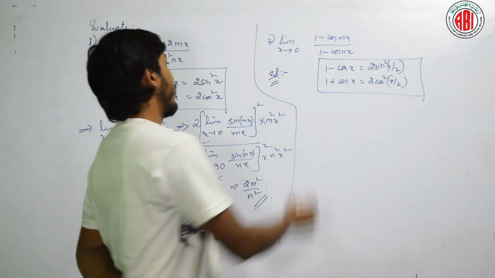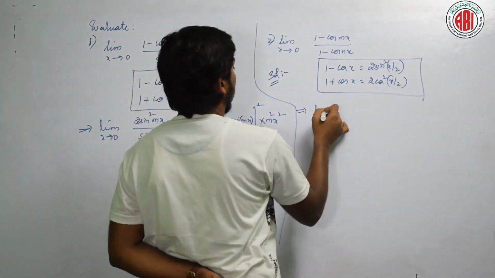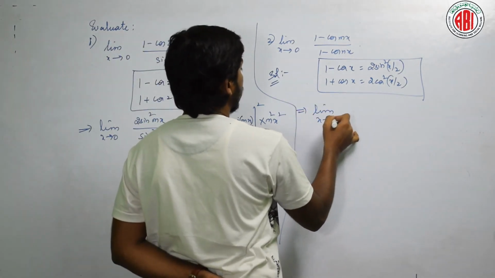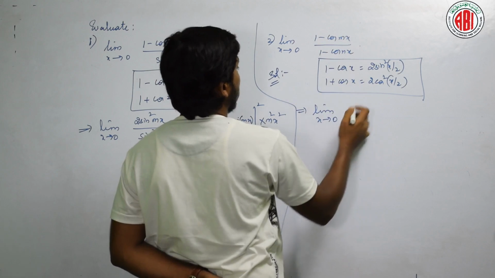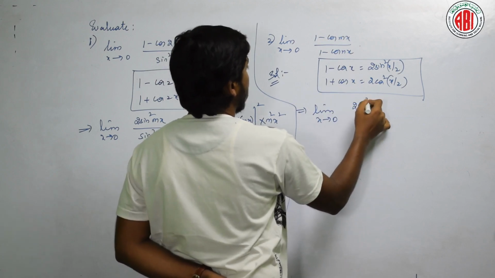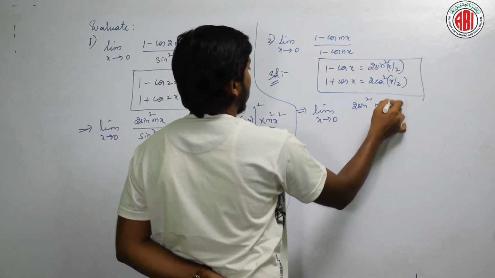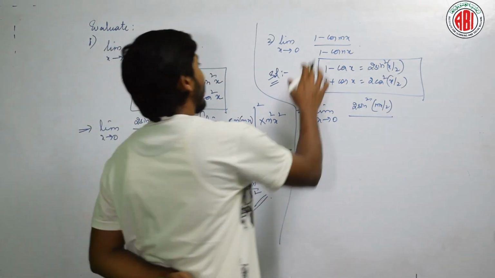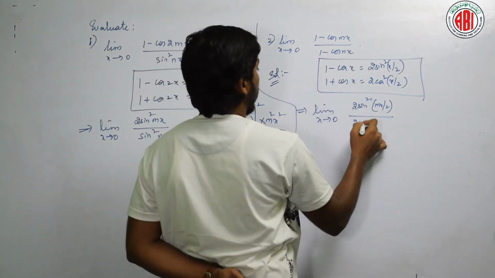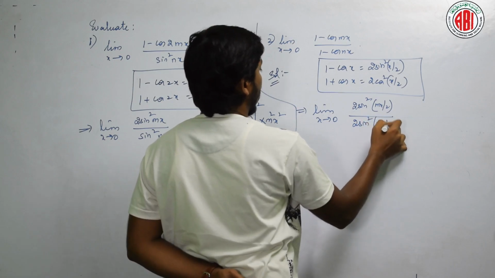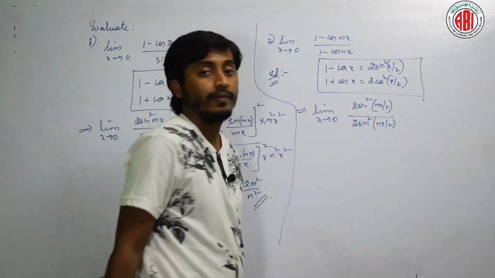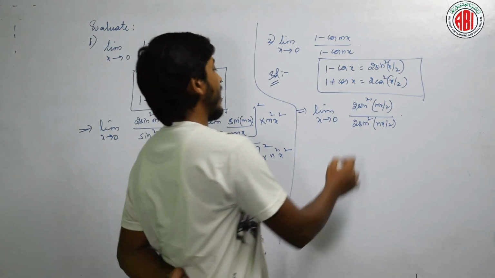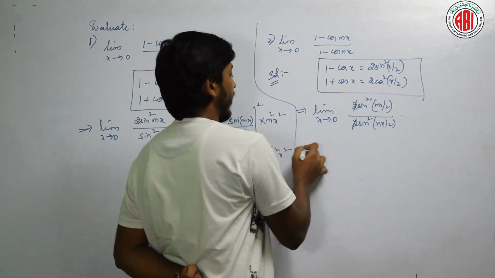Now tell me, limit x tends to 0, 1 minus cos mx is 2 sin square mx by 2. Is it okay? Similarly, 1 minus cos nx is 2 sin square nx by 2. What happens now? 2 will get cancelled.